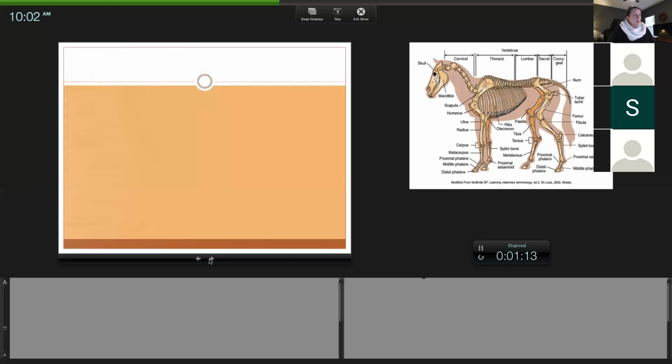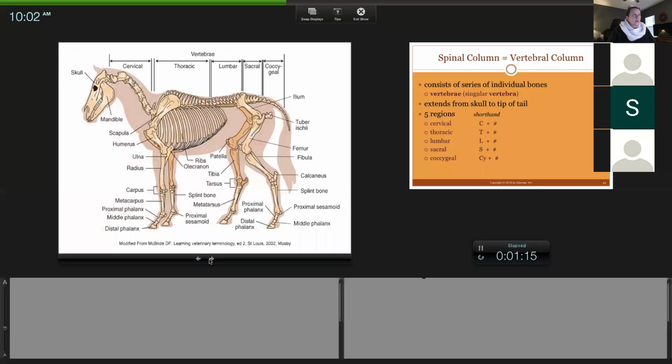But what we're going to start with is, I've already gone over the skull. Okay, so we've gone over the bones in the skull, the mandible, the maxilla, the ones I want you to know. Now we're going to first move to the vertebral column. And on this horse picture, I think it illustrates it better, it goes in order from cervical, thoracic, lumbar, sacral, coccygeal. Every animal has the same names for the vertebrae, but different amounts of vertebrae.